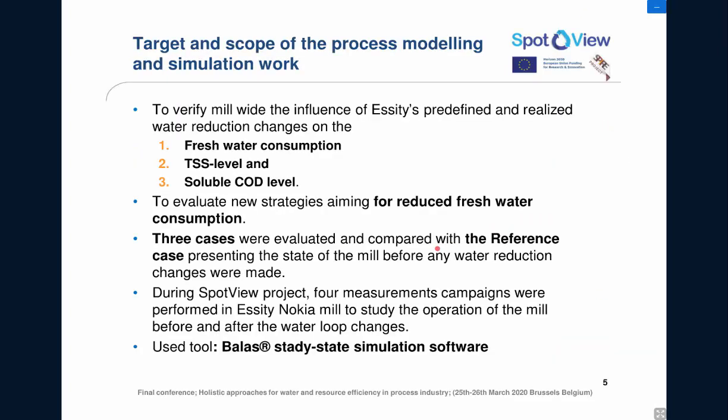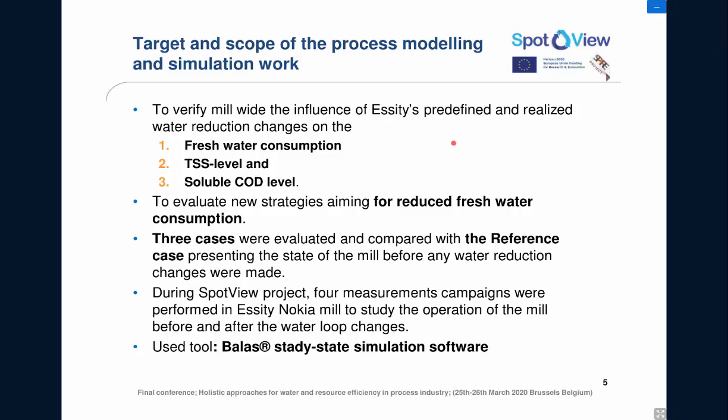Of course, when you are closing your water circulations and taking less fresh water into the mill, the total suspended solids levels and COD, the organic matter levels, try to increase because of the freshwater decrease.